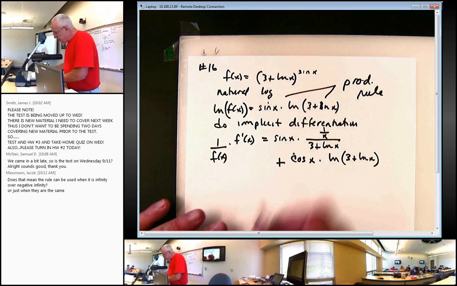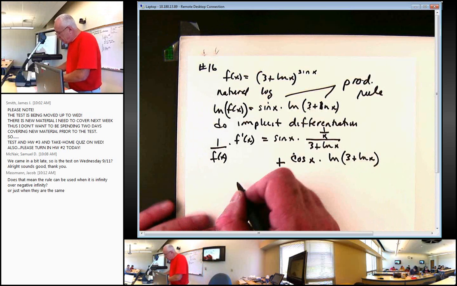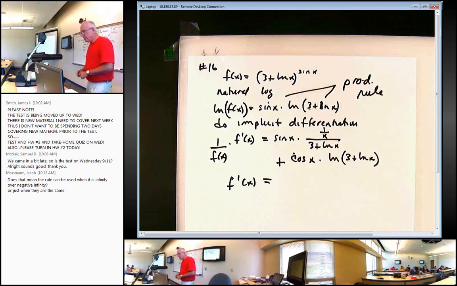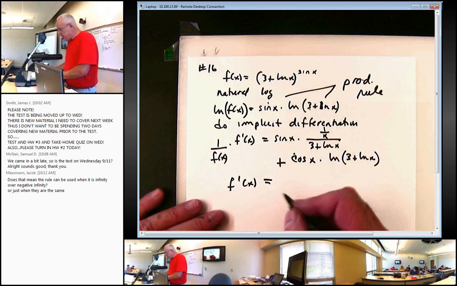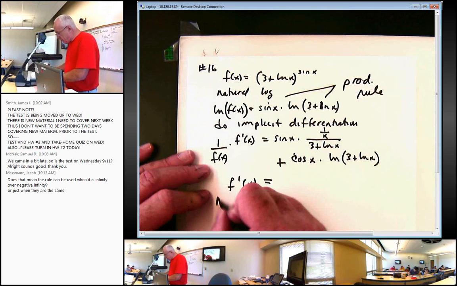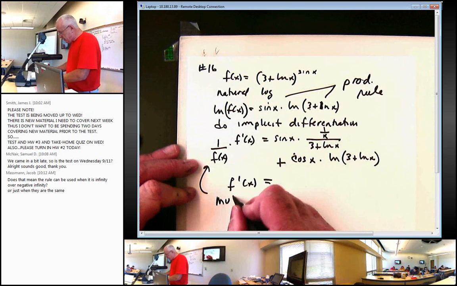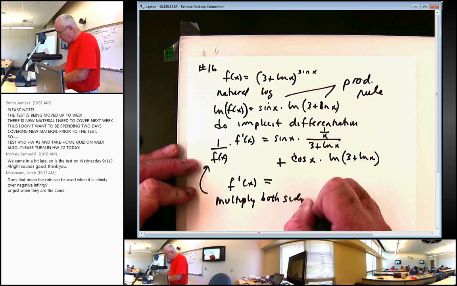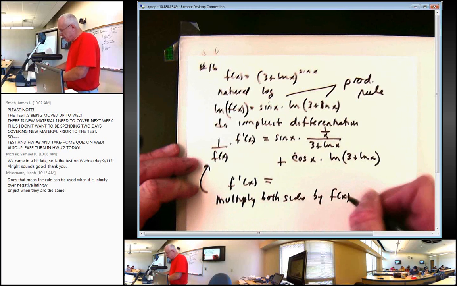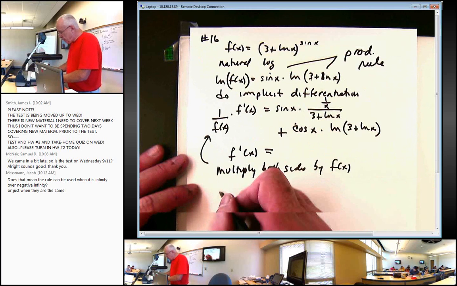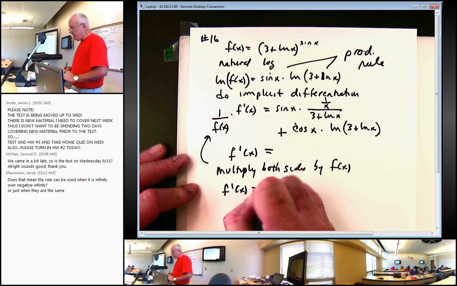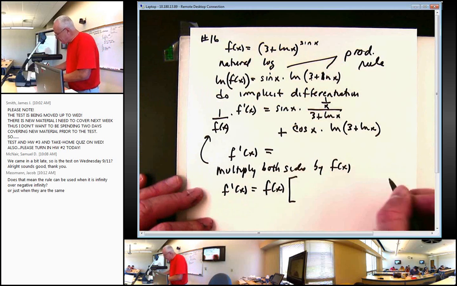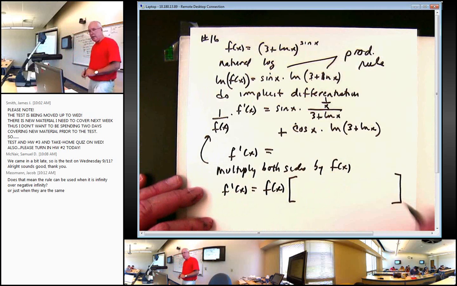All right. Then basically, we want to get f prime of x. Well, if we multiply both sides by f of x, then on the left side we just have f prime of x equaling f of x times that whole thing that we have on the right-hand side.